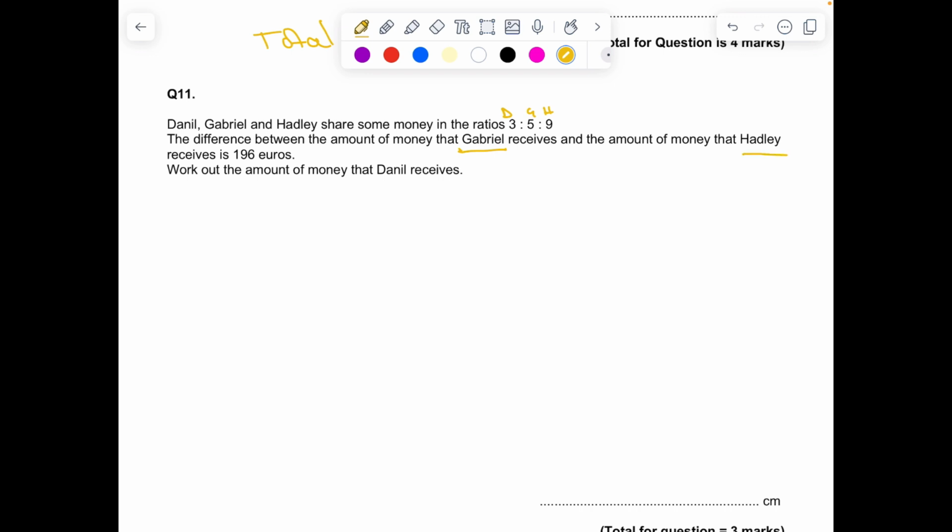So the difference between what they receive is 9 take away 5, which is 4 parts. Yeah, because Hadley receives 9 parts, Gabrielle receives 5 parts, so the difference is 4 parts. And we know that those 4 parts is equal to 196 euros.